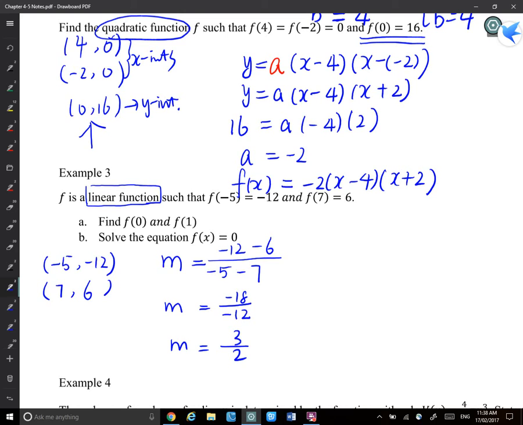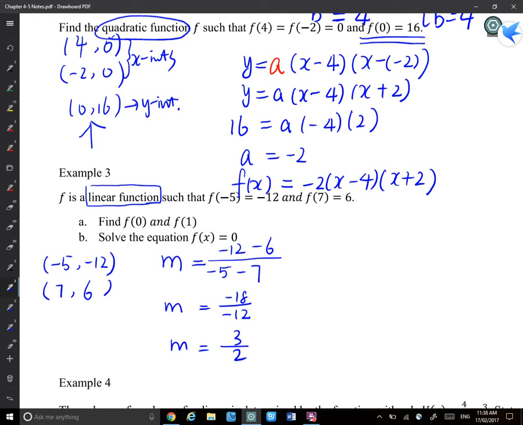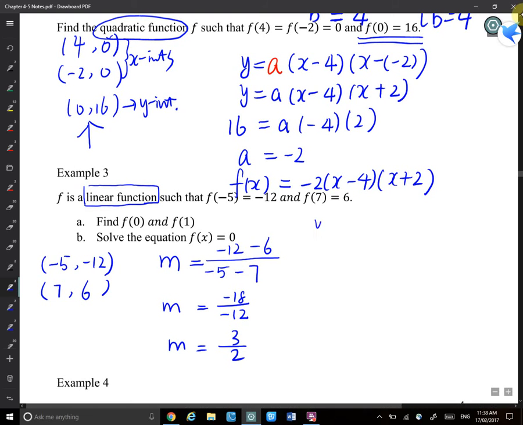Any information? No. No information, so we'll use y minus y1 equals m times x minus x1. Otherwise, if we know the y-intercept, we'll use y equals mx plus c. I can choose any point. I will choose the positive one, it looks easier. So y minus 6 equals 3 over 2 times x minus 7.